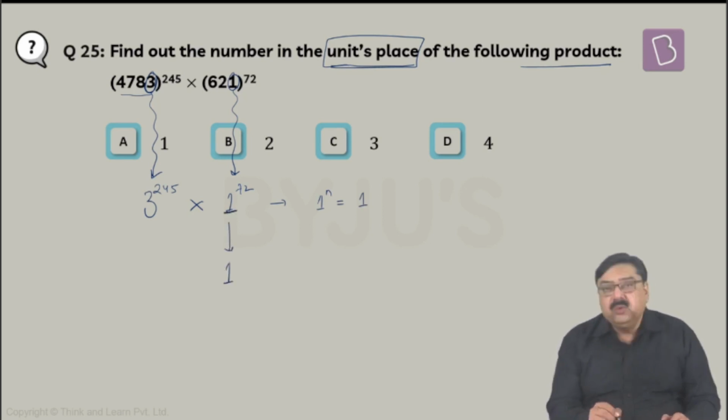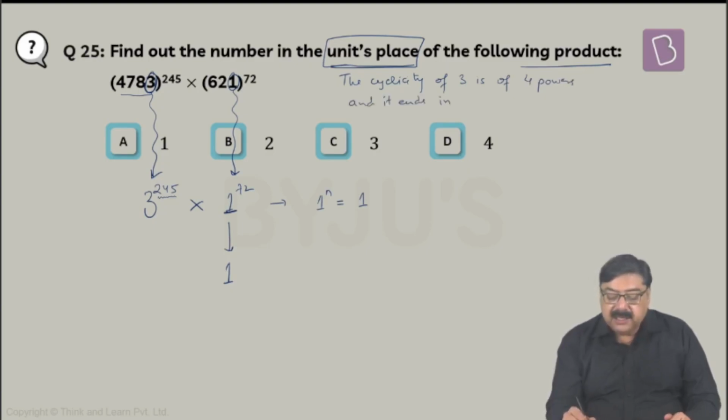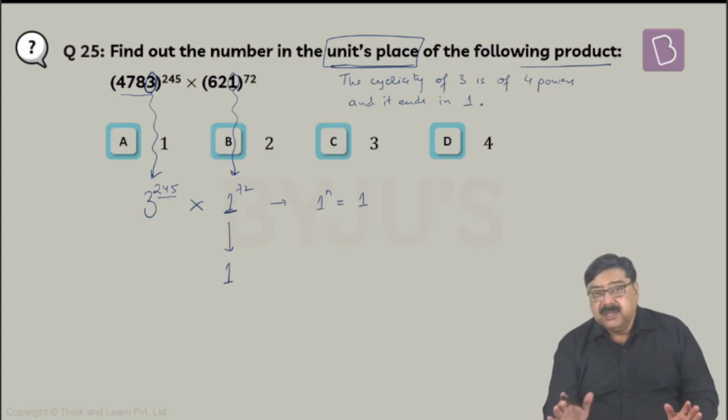Now 3 raised to 245. Now you see the power here is 245 and we know that the cyclicity of 3 is of 4 powers and it ends in 1 in the units place.